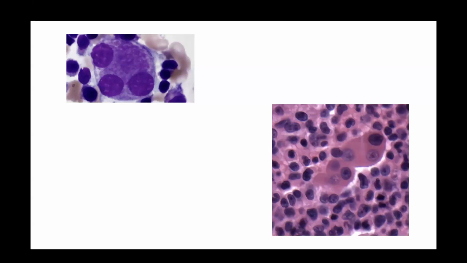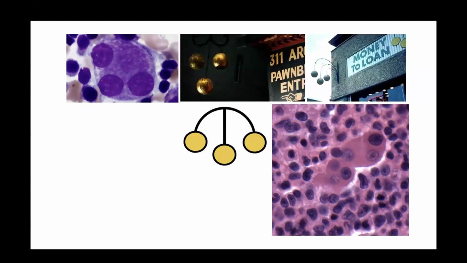The separation of nuclear lobes, as seen in this prototypic morphologic example from a bone marrow aspirate smear, also evident in a bone marrow biopsy in the bottom right here, is sometimes referred to, and I don't know if this terminology is widely used here, but it's something I learned about when I arrived in the US, as the pawn shop sign. This is a sign you may recognize if you've ever paid attention to signs hanging outside pawn shops.